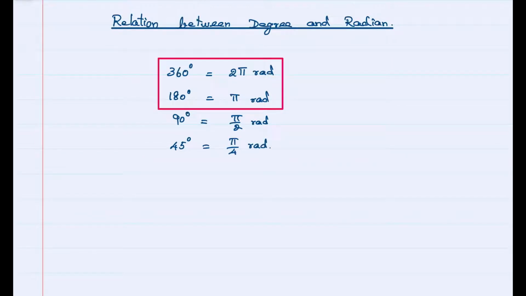Using this relation between degrees and radians, we can easily convert degrees into radians and radians into degrees. To convert degrees into radians, we multiply the given degrees by pi over 180.